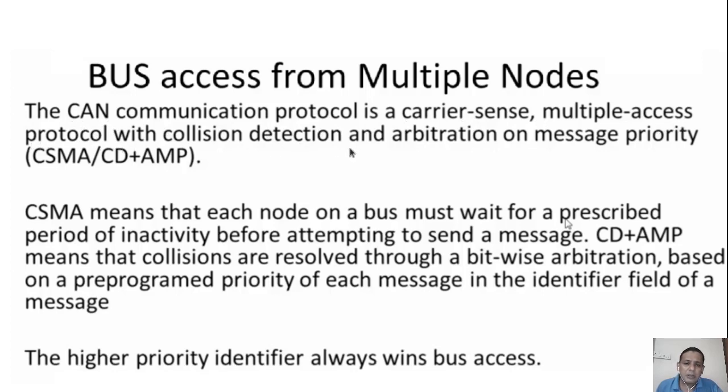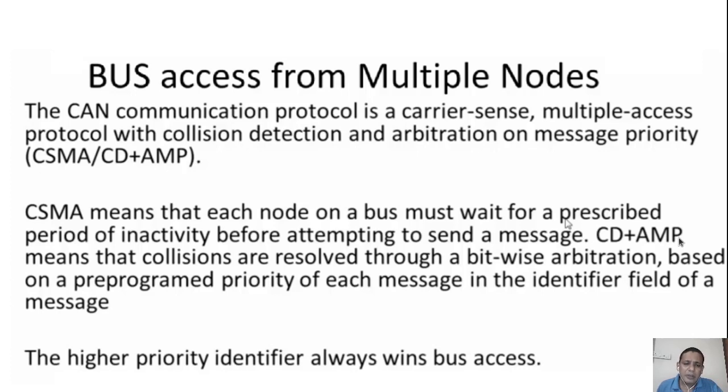If more than one device is trying to access, only one device will get it based on its priority. CSMA means carrier sense multiple access: each node on a bus must wait for a prescribed time period of inactivity before attempting to send a message. If it does not get the bus in the first attempt, it will wait for approximately 7 cycles and again try to access the bus.